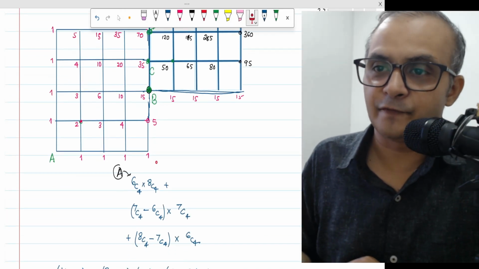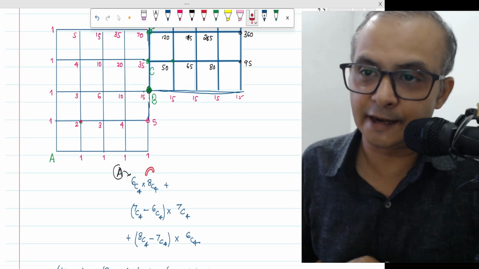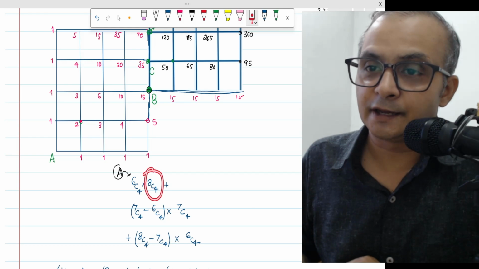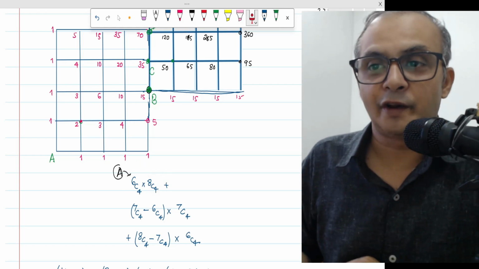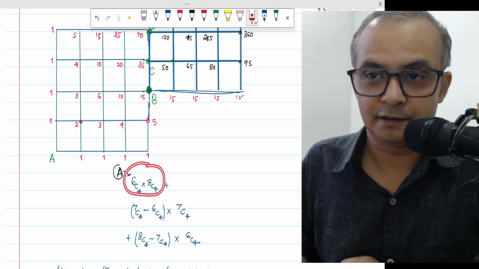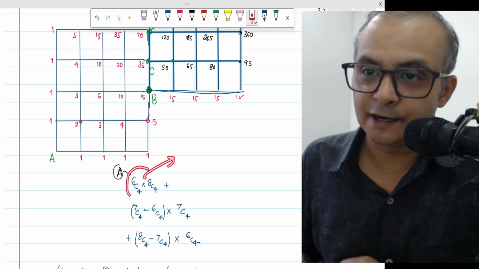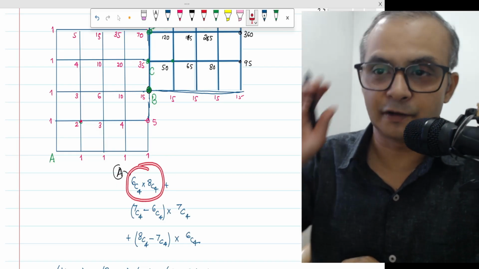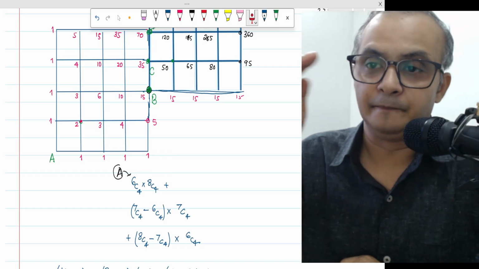Therefore 8 factorial divided by 4 factorial into 4 factorial, so this will be 8C4. Collectively, this is the number of ways to reach the final destination from A via B. Yes or no? I'm not writing this, but I'm repeating it.